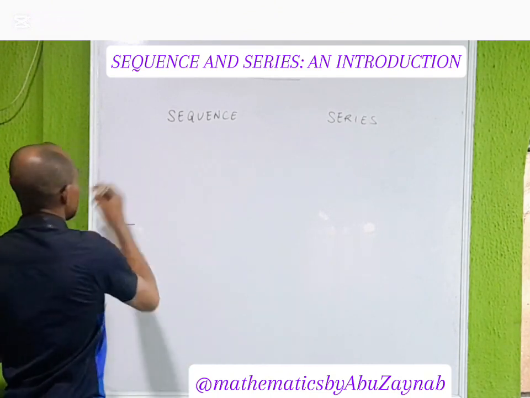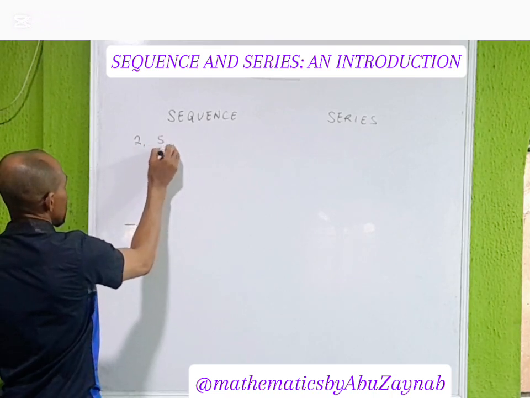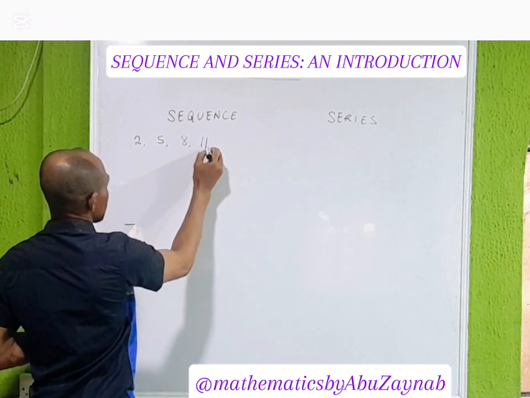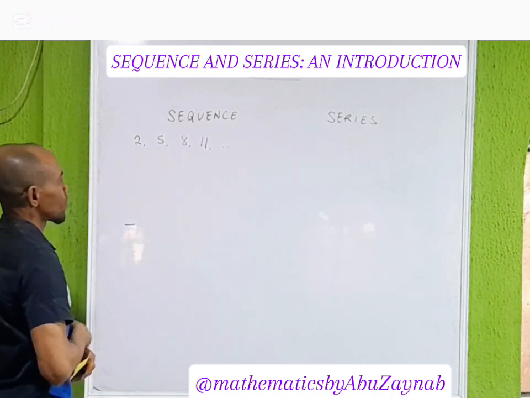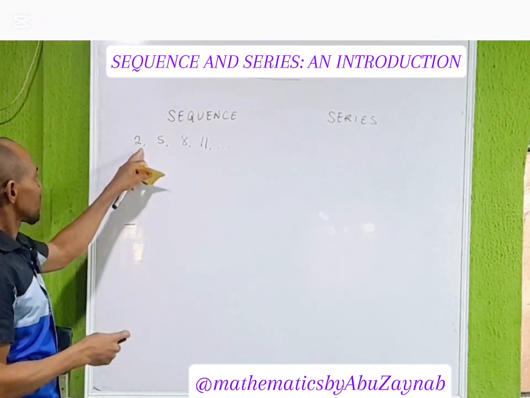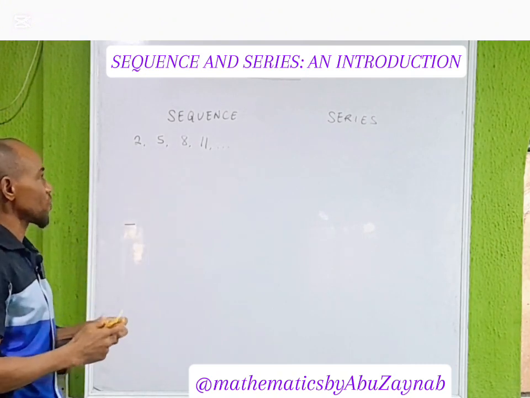Let's say, for example, you have 2, 5, 8, 11, and so on. If you look at this, we have the numbers 2, 5, 8, 11, and so on and so forth.